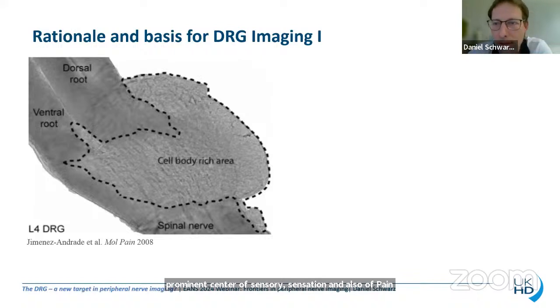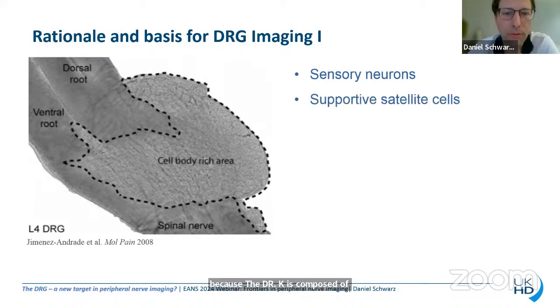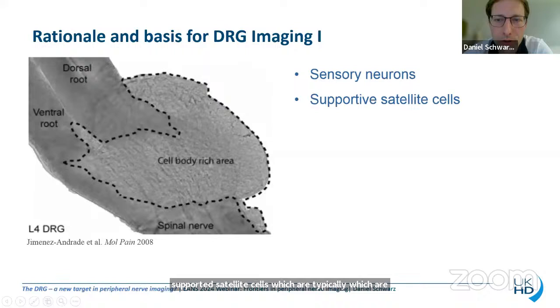What is interesting here is the overall architecture, because the DRG is composed of sensory neurons and supportive satellite cells, which are typically located in a cell body rich area of the DRG.